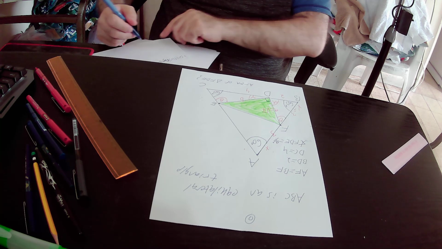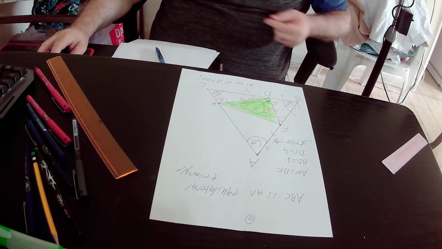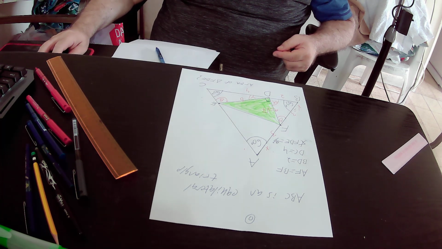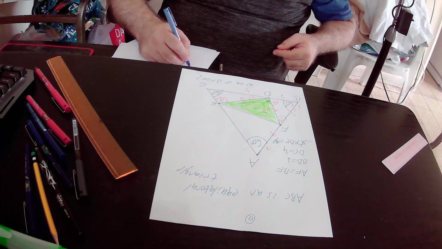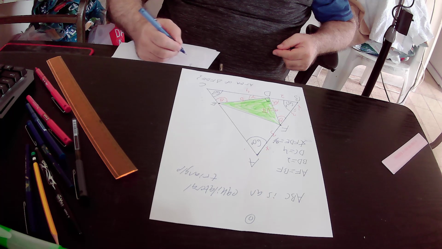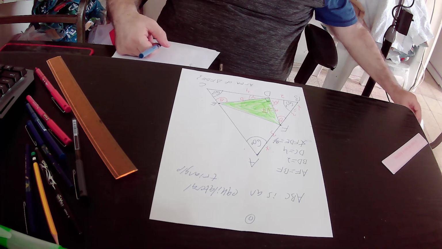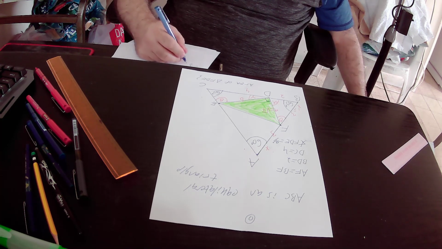So, what is the value of sine 150 degrees? The value of sine 150 degrees is 1 over 2. We have already found out the value of cosine theta: it is 2 over root 7.